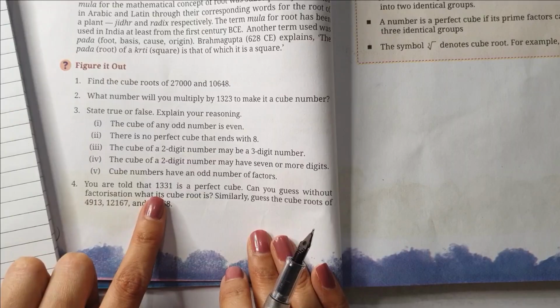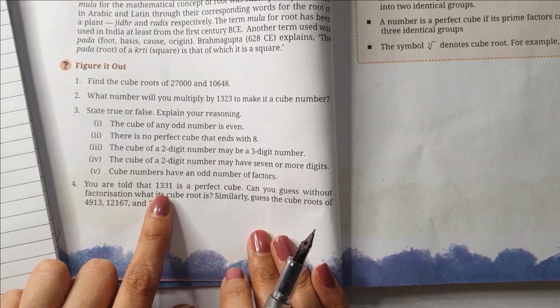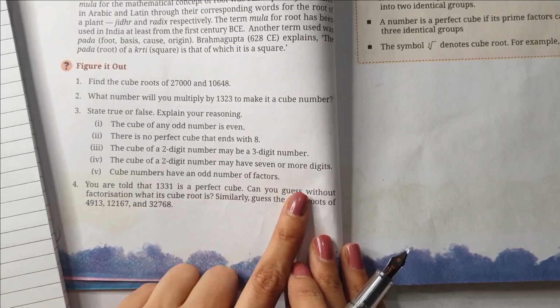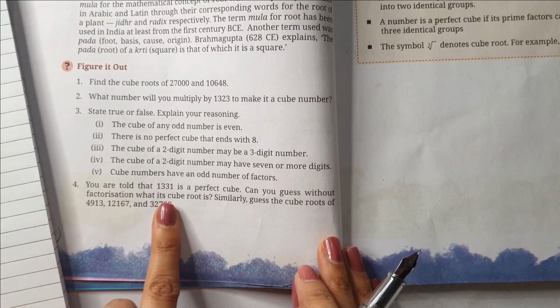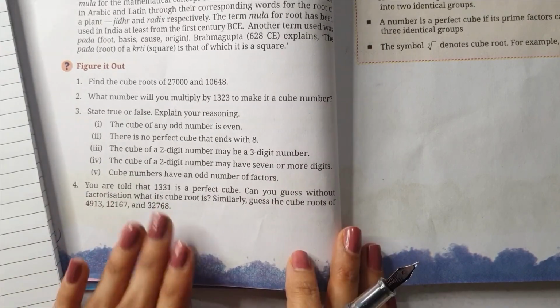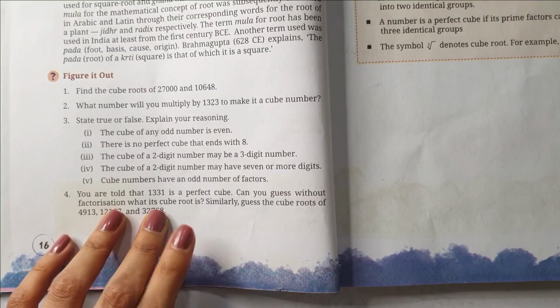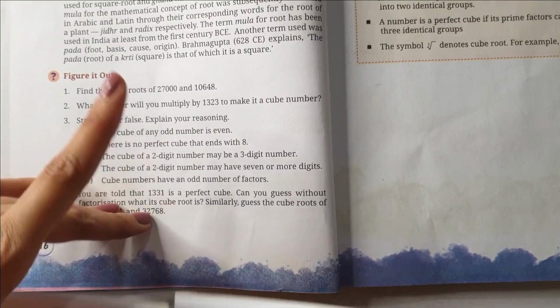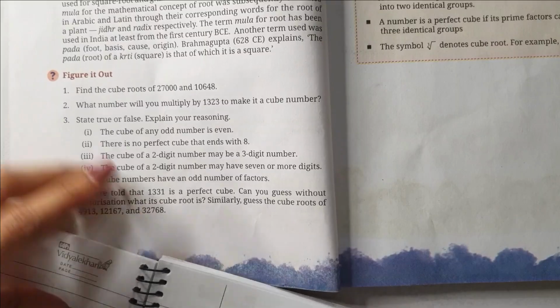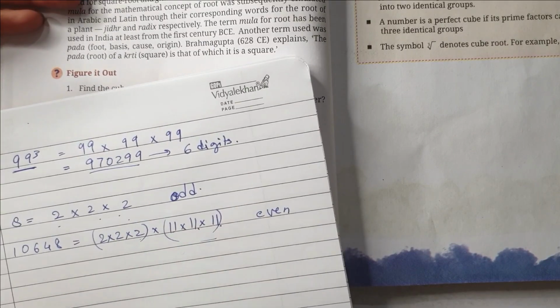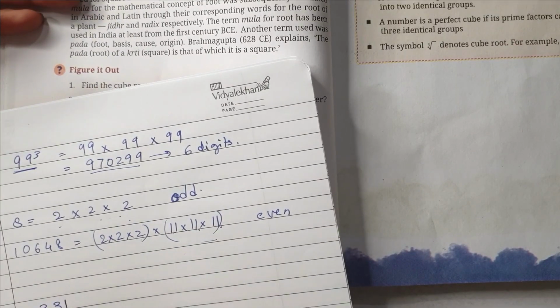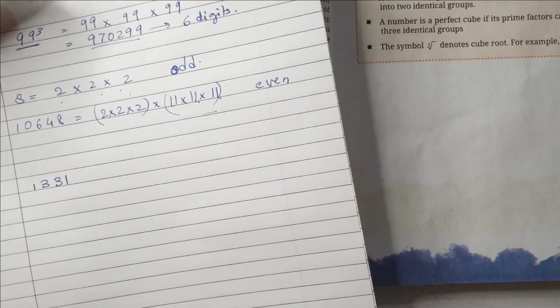Next is, you are told that 1331 is a perfect cube. Can you guess without factorization what is its cube root? Now, if it is a perfect cube, the same way we did for square, we will do the same type of thing over here. So, we have 1331, right?